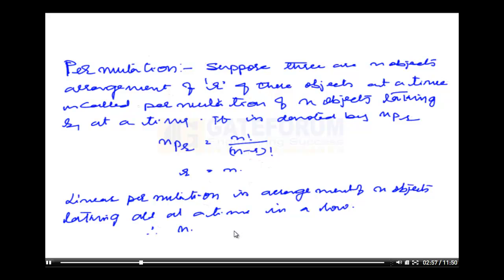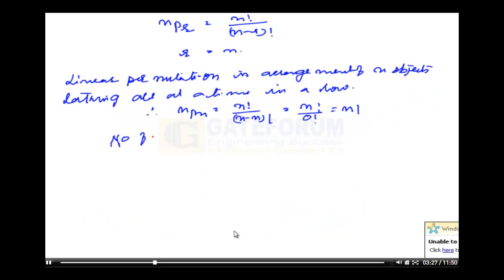Therefore nPn equals n factorial by n minus n factorial, which means n factorial by 0 factorial, equal to n factorial, where 0 factorial is 1. Therefore when you arrange all the objects at a time, the number of permutations, also called the number of arrangements, is n factorial.